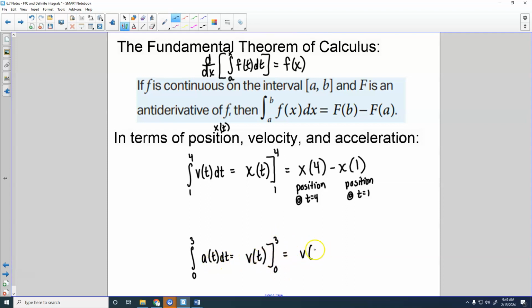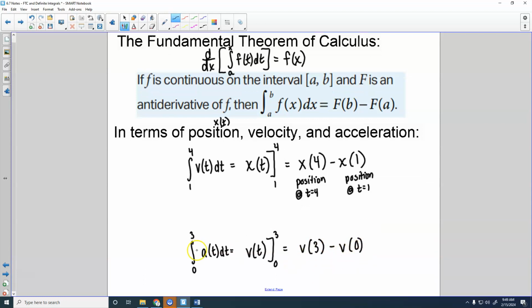That'll be v of 3 minus v of 0, which is taking your velocity at t equals 3 and subtracting velocity at t equals 0. It's your change in velocity over that time, right? Whereas the previous one is your change in position over this time, is what we're looking at.